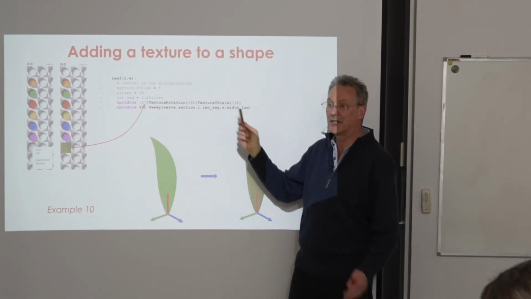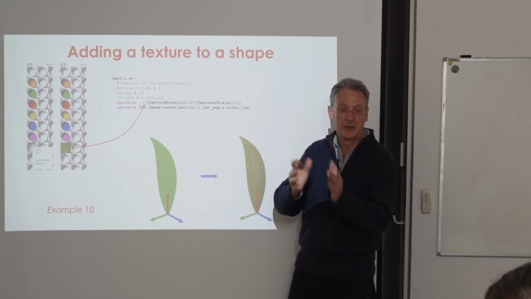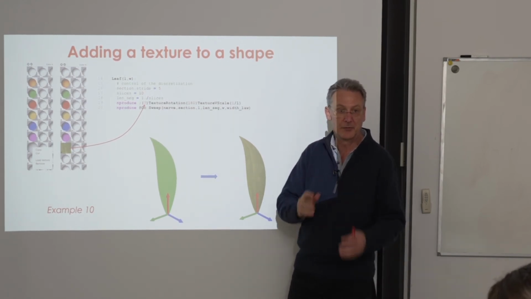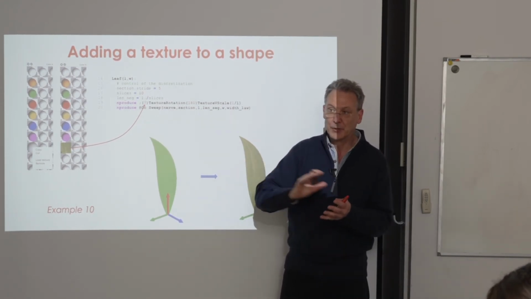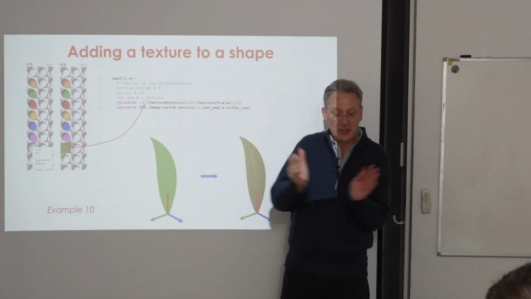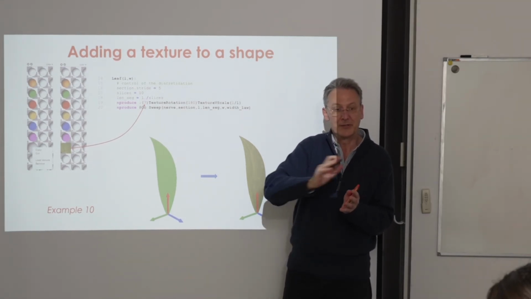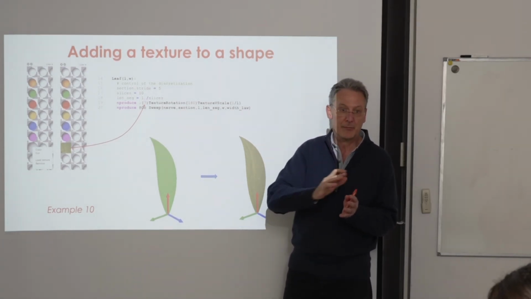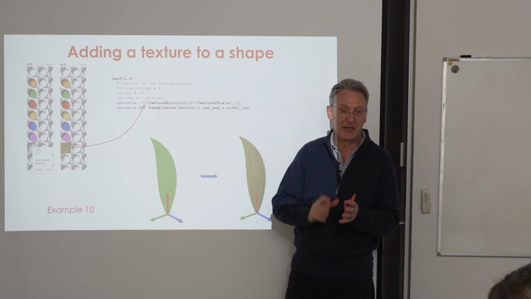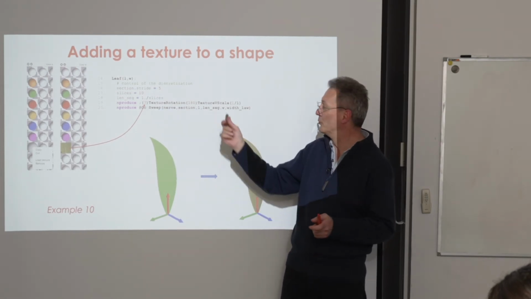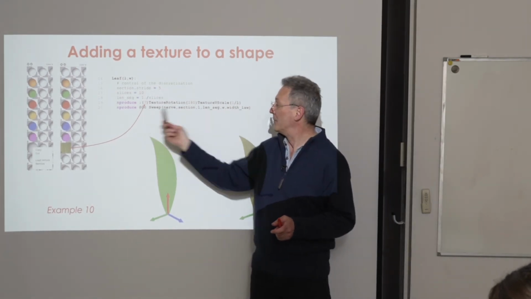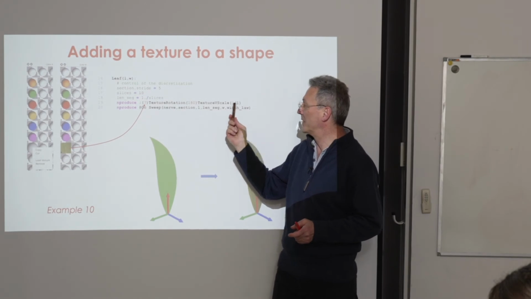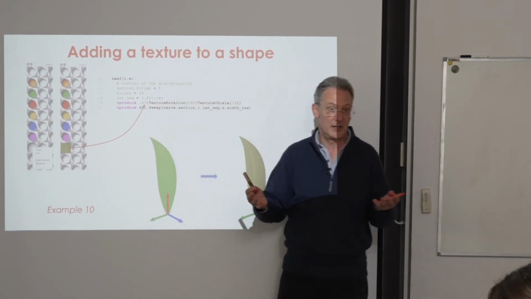I scale my texture so that the image and the parameter space correspond. It could be that I want a repetition of my image, scaling it up like a periodic tiling of my image on the picture, so I would use this. But if I don't want to do anything, I put 1 here, and that's it.